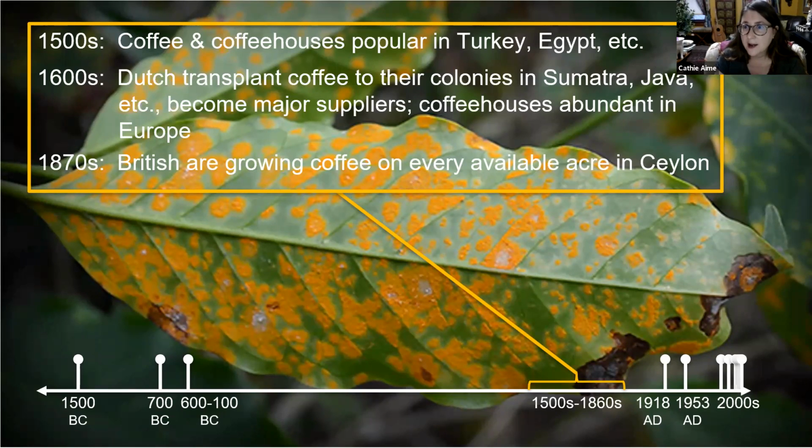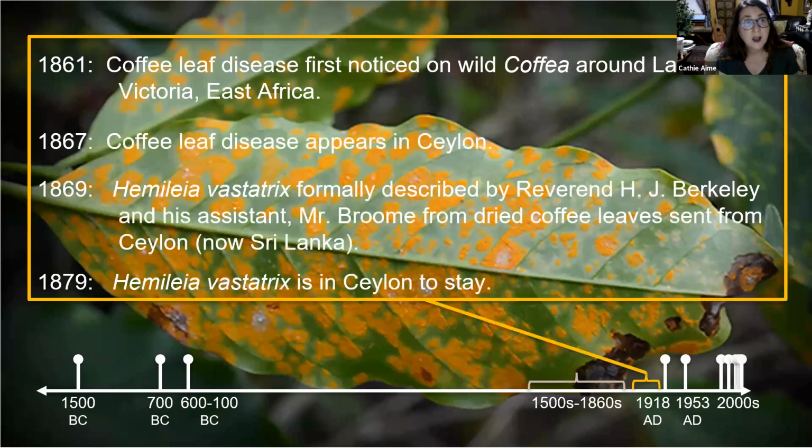And they turned every single square acre that was arable in Ceylon over to coffee production, had huge coffee plantations on the island to feed this massive craze for coffee that was going on in Europe. So 1870s, coffee is king. It's being grown in Ceylon, in India, through most of the South Pacific, wherever there's some colonial European interests.